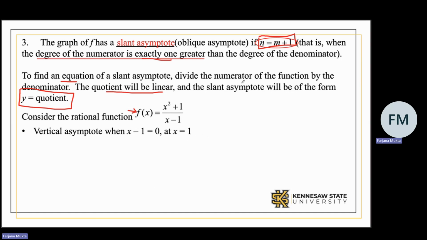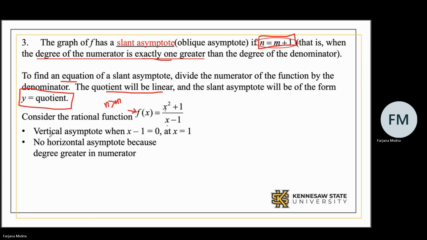Next, the horizontal asymptote. Let's check the degree of the numerator and the degree of the denominator. The degree of the numerator is 2, the degree of the denominator is 1. So here we get n greater than m. If the degree of the numerator is higher, then do we have any horizontal asymptote?